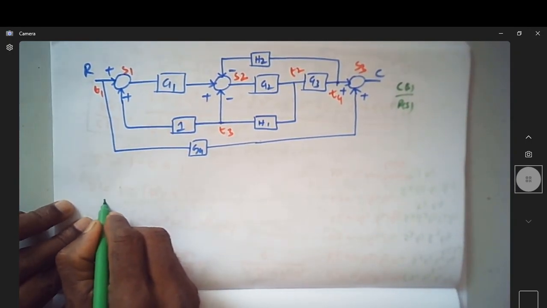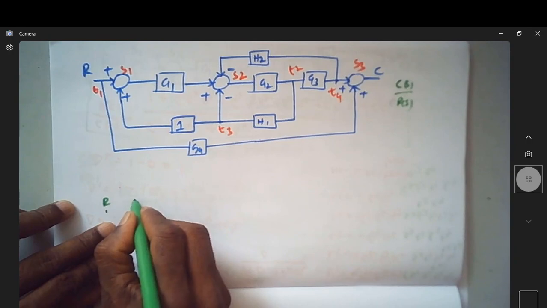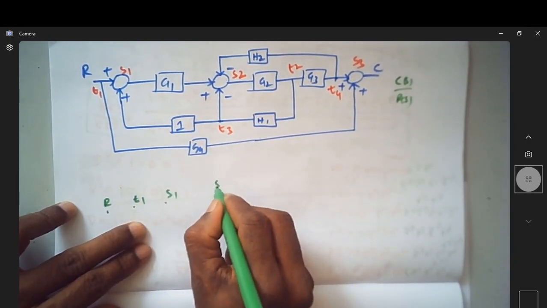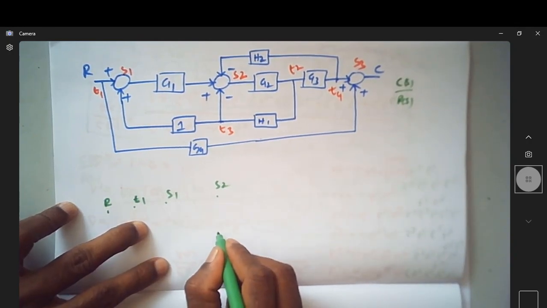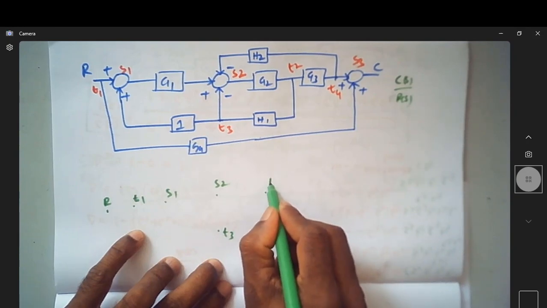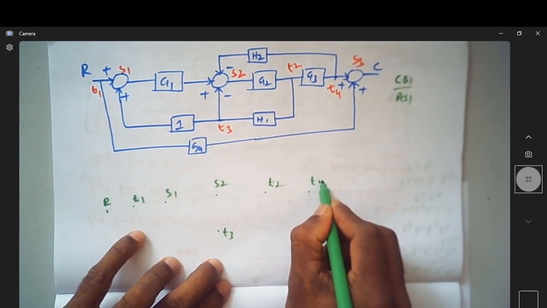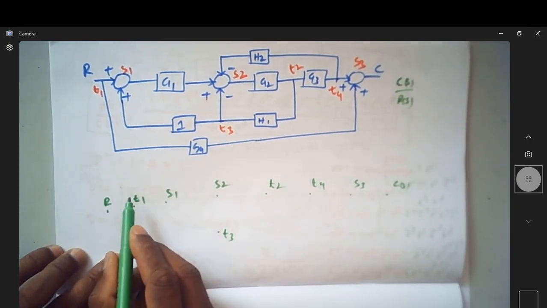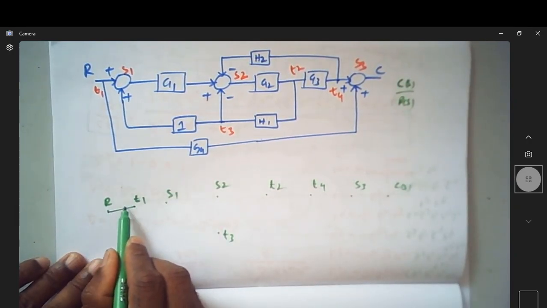So this is my R, T1, S1, S2, so there's a corresponding T3 here, and this is T2, T4, there is an S3, there is a CFS.